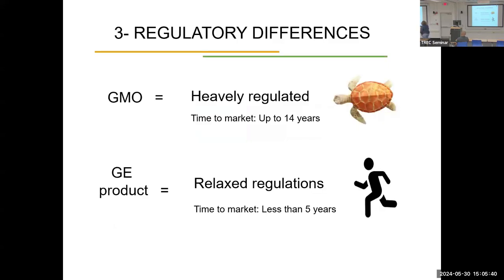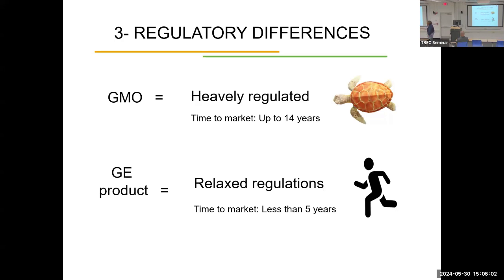So now look at the regulatory guidelines. The genetically modified organisms are heavily regulated. So biosafety guidelines to release these products are in place. And a genetically modified product, when it reaches the market, will take around 14 years.